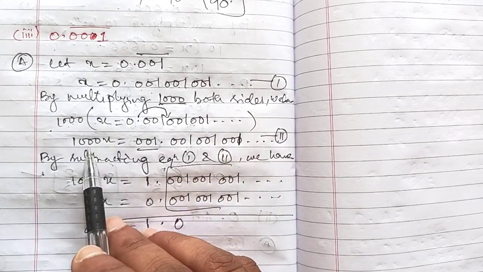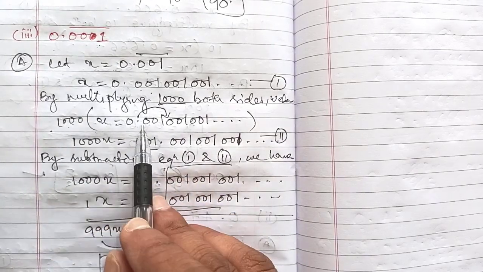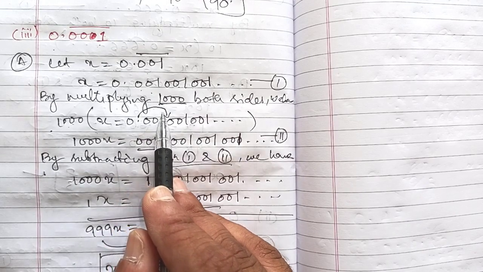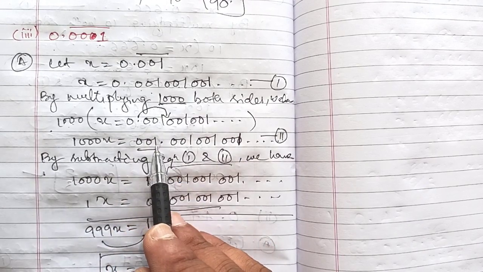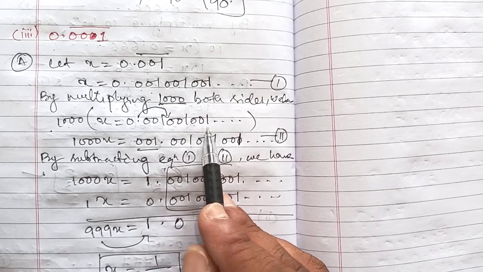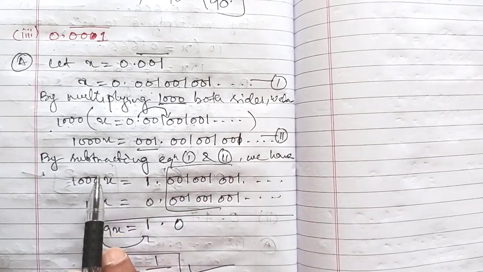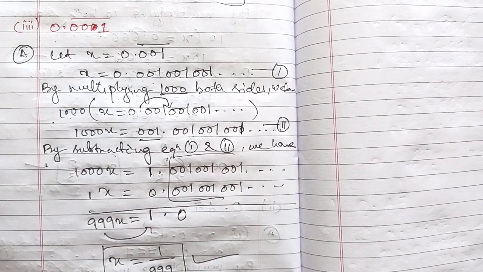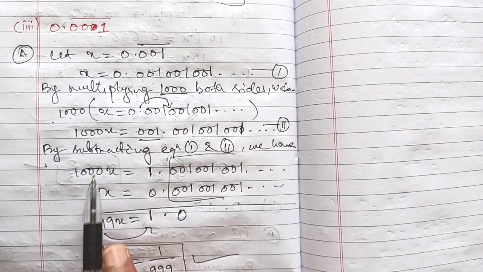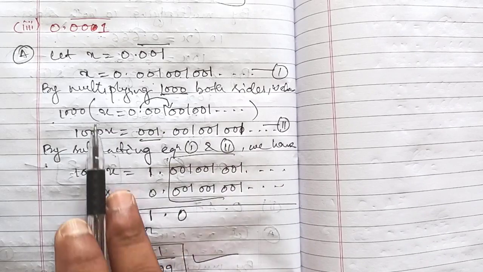So 1000 into x is 1000x. When I multiply by 1000 on this side, the decimal will go 3 steps back. So I will get 001.001 001. One more 001 I will write dotted. This is our equation 2. Now by subtracting equations 1 and 2, equation 2 is this and equation 1 is this.